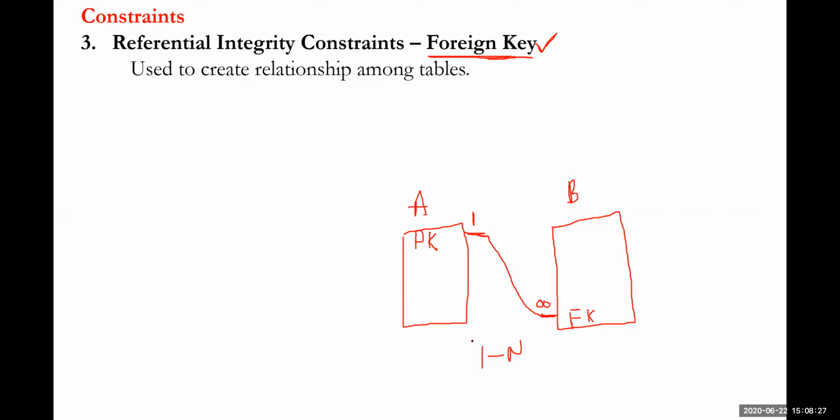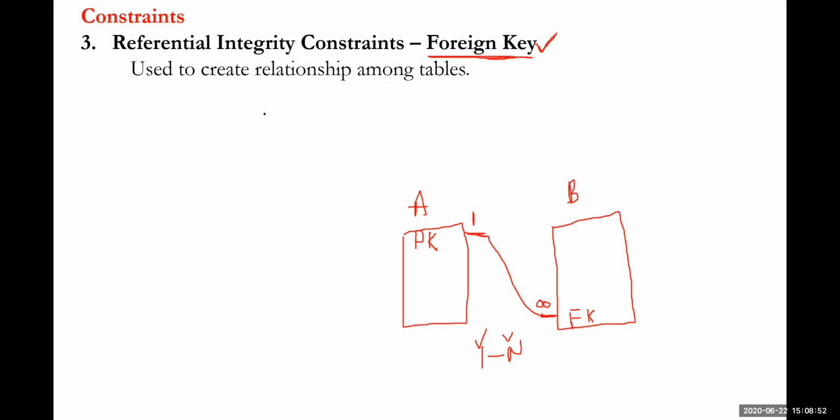From A you have only one row, but in B you may have many. If this kind of structure is established, this whole structure will be called the establishment of a foreign key relationship.